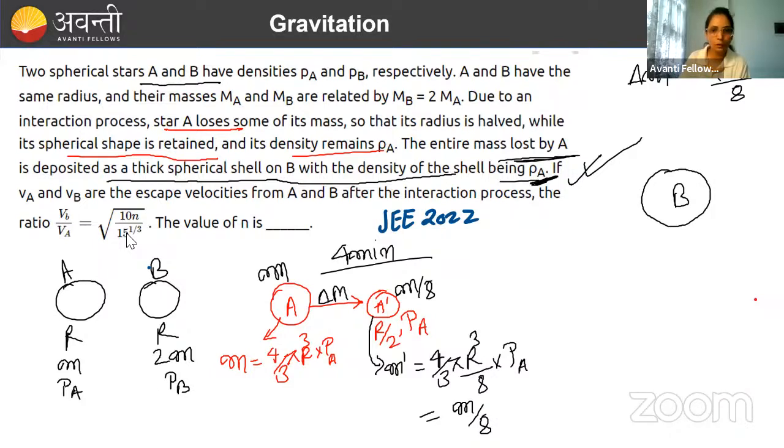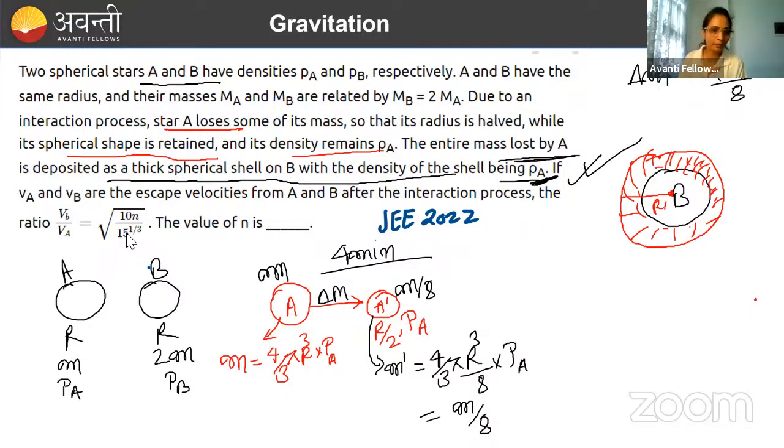If we draw that, what will we get? This will be the spherical shell. If you consider this shell has radius r dash, then it will have a hollow region, and mass deposited here.